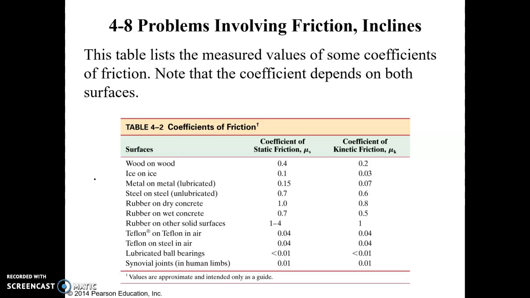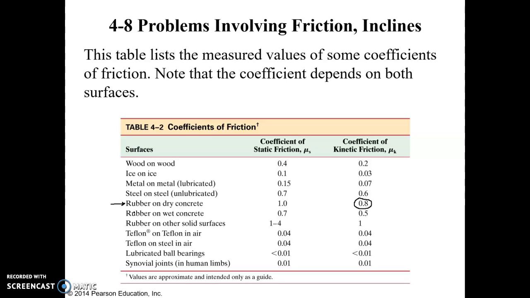But you can see that in some situations where we want there to be a good deal of friction, like tires on a road, rubber on dry concrete, we want there to be a pretty good amount of friction there, and so that's 0.8. That's relatively high. That's what's going to keep your car from sliding off of the road.